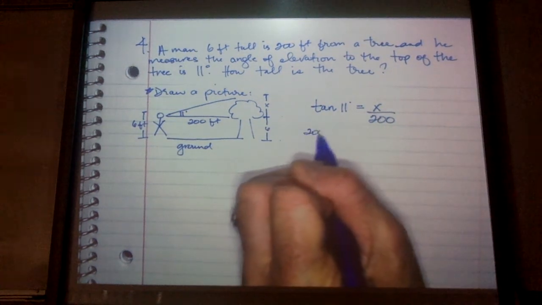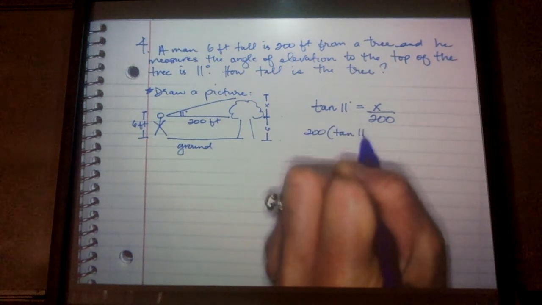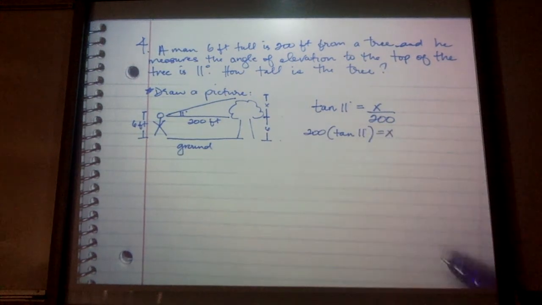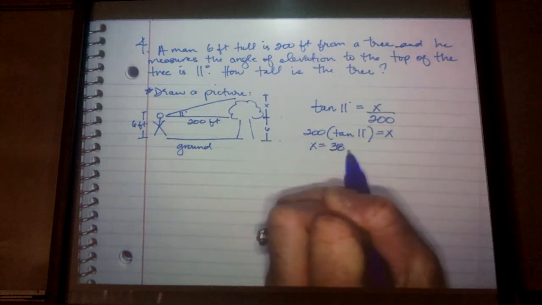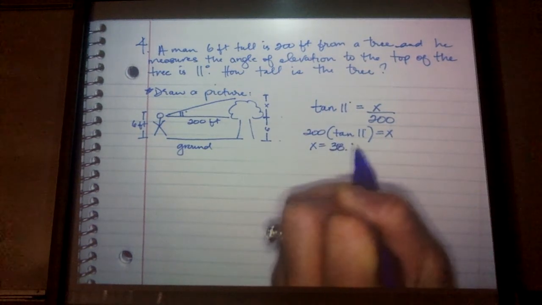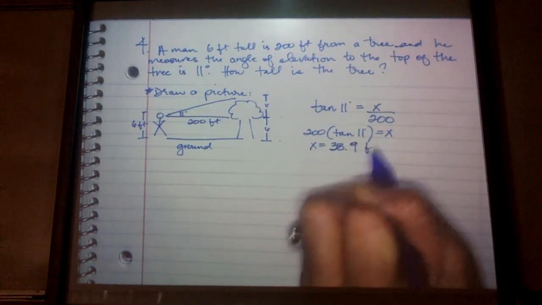So 200 times the tangent of 11 degrees equals X. So tangent of 11 times 200, and I get X equals 38 point, I'm going to round, 9 feet.